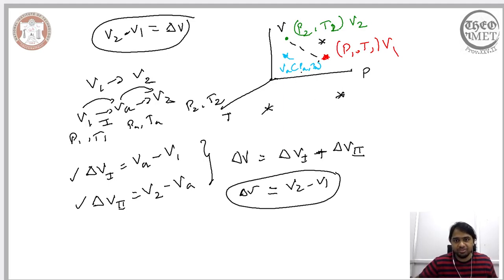Irrespective of how many intermediate systems or intermediate states you consider, wherever they might be, once you have an initial and a final state described by the state of the system, you can define the difference between them just by considering the initial state and the final state.